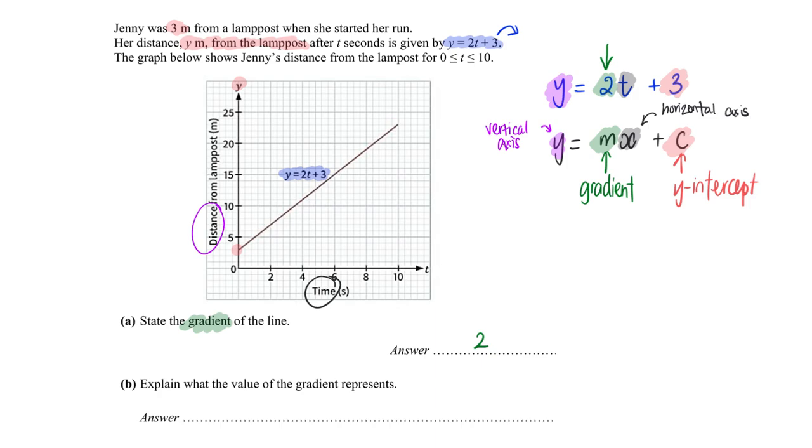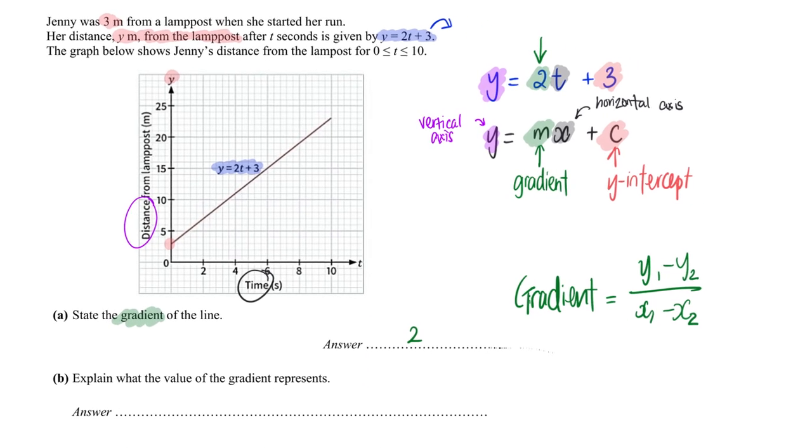If you remember previously, the gradient is the change in y, meaning y1 minus y2, over x1 minus x2, the change in x for the horizontal axis.